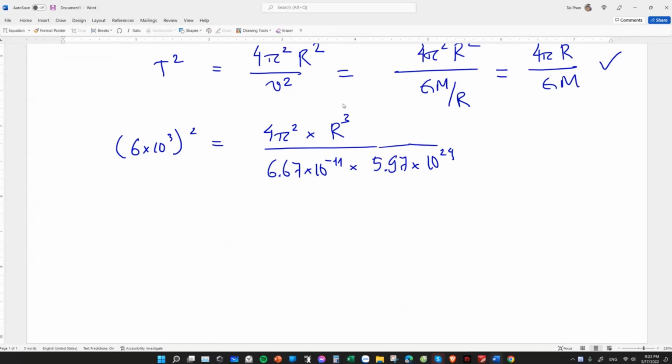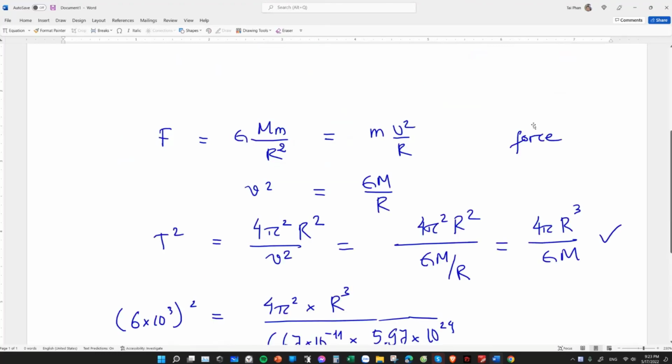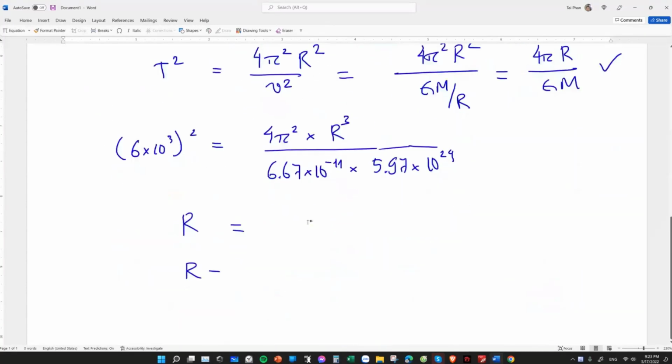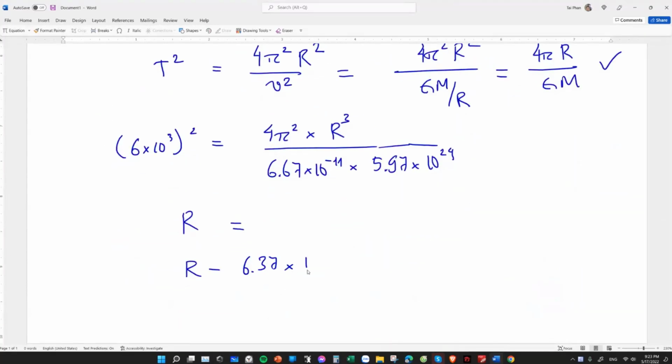So please use the calculator and find this r, and then subtract this r from the radius of the Earth, which is 6.37 times 10 to the 6 meters. You get the height of the satellite.